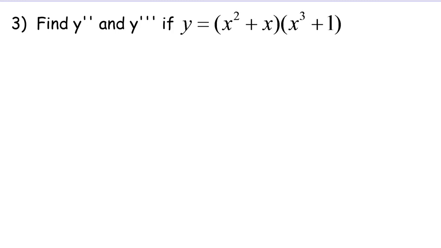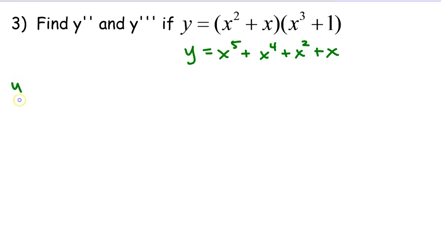In some other case, it might not be possible to do that, or maybe it's no big deal. But what I'm going to do is FOIL and get x to the 5th plus x to the 4th plus x squared plus x, and then take that and find the derivative, the second derivative, and the third derivative, because we won't have to use the product rule.